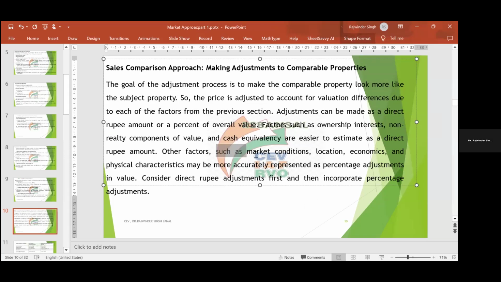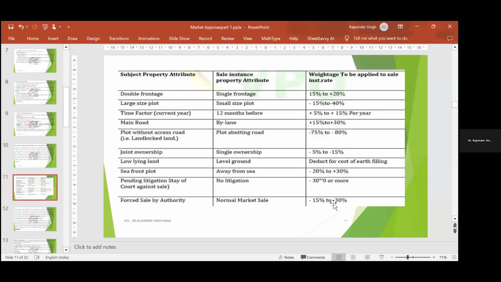Other factors such as market conditions, location, economics, and physical characteristics may be more accurately represented as percentage adjustment. So for that, what are the factors and what type of weightage can you give to a particular factor?